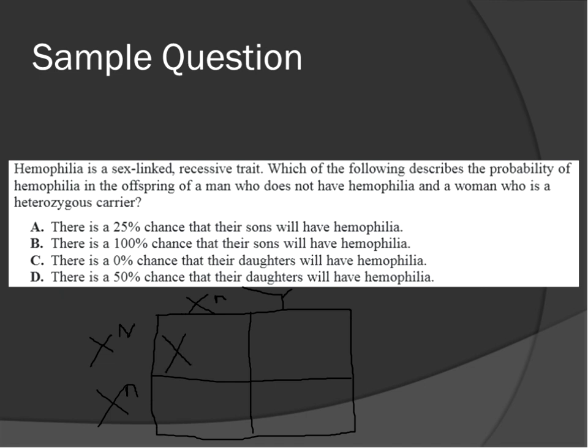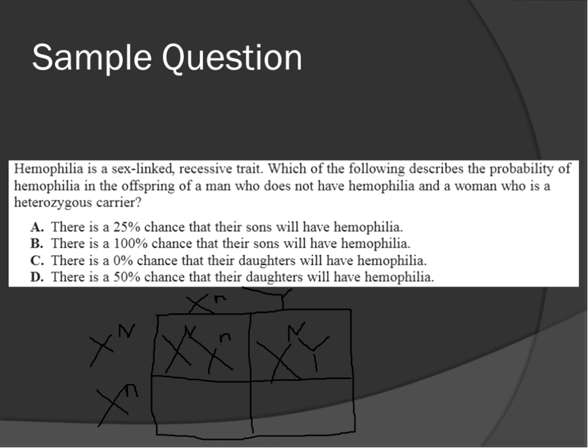Remember, Y is nothing. And a woman who is a heterozygous carrier. So she halfway has it, but doesn't have it down here. So let's see. Cross them up.